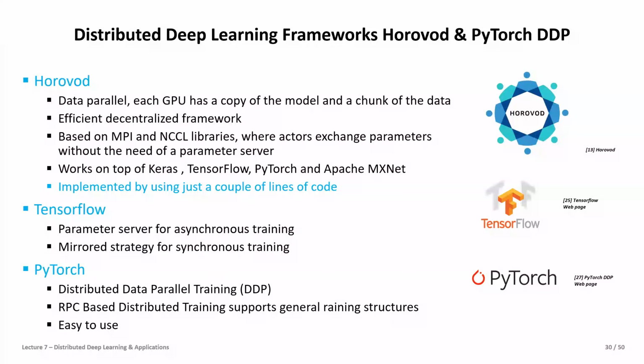We should also mention PyTorch, which I didn't use very much here in the lectures, because it gets momentum and many people use PyTorch in research and more and more in training. So this also has a distributed data parallel training part, which you can use, which stands for PyTorch-DDP.